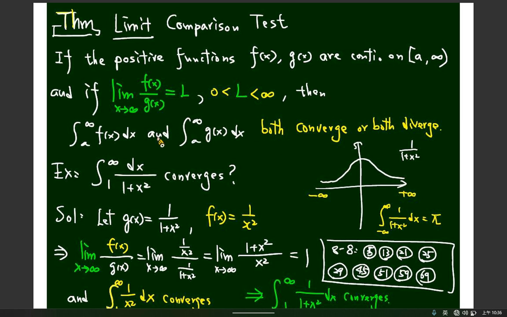That means if we can make sure one of the two is convergent, then the other one will automatically be convergent. Similar for divergence. Okay, so this is what we just learned last time.